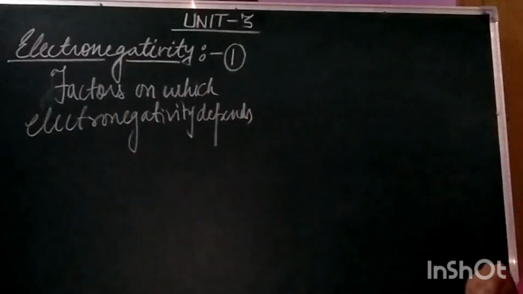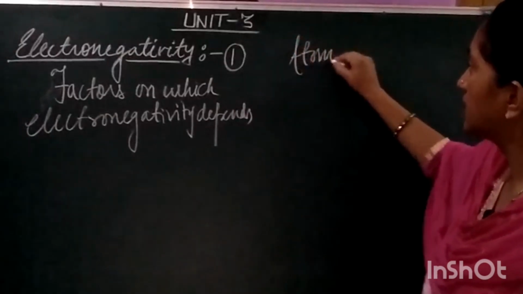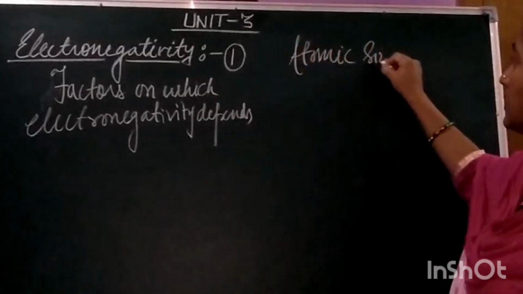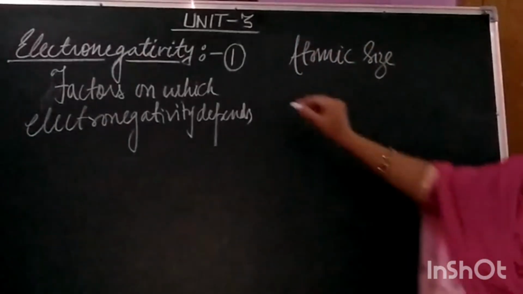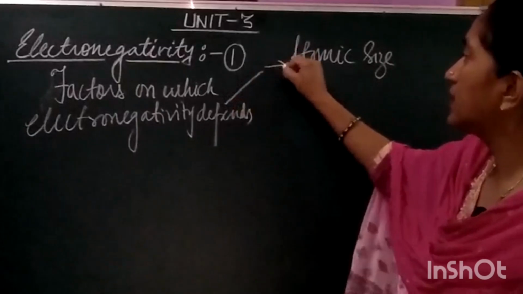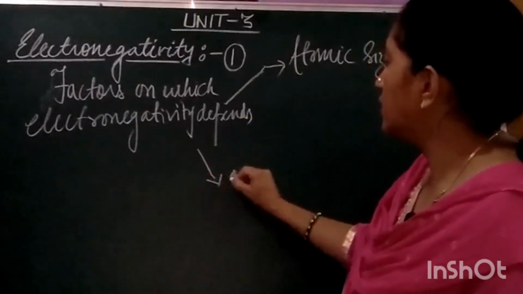Students, electronegativity depends upon two factors. The first factor is the atomic size, and the second factor is the effective nuclear charge.